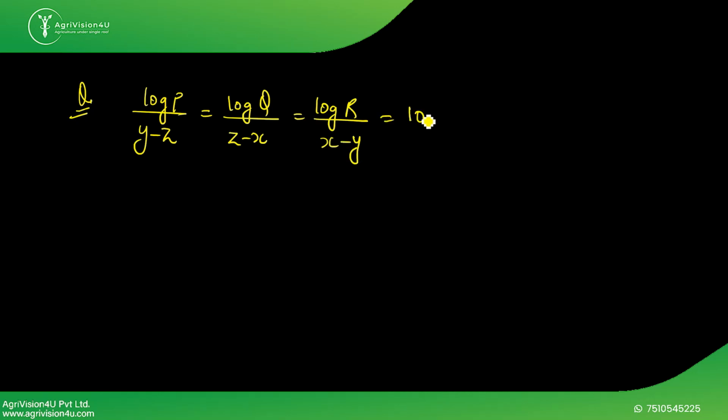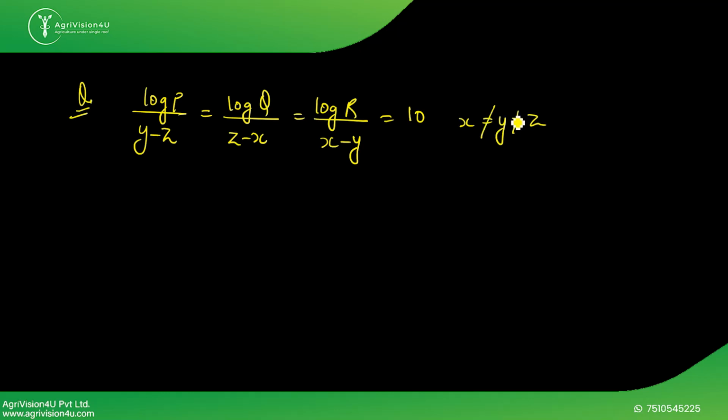The next question is: log p upon y minus z is equal to log q upon z minus x is equal to log r upon x minus y is equal to 10, where x is not equal to y is not equal to z. They specified here that these are not equal.